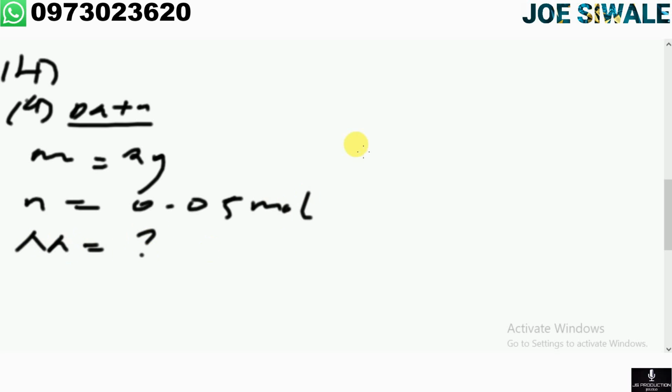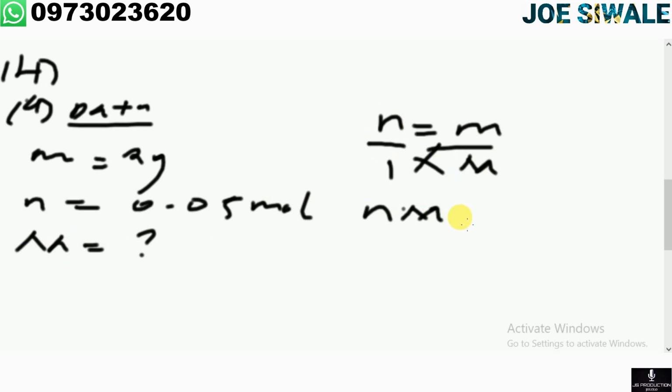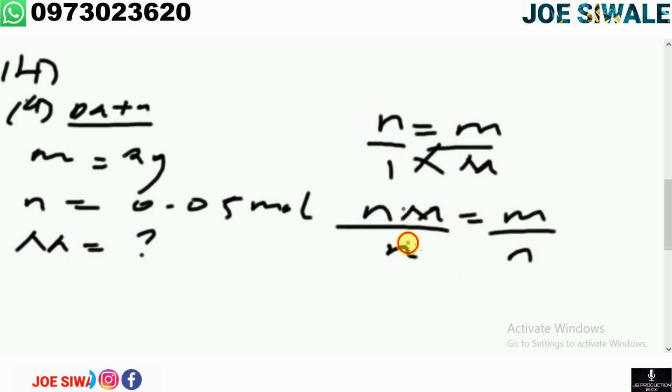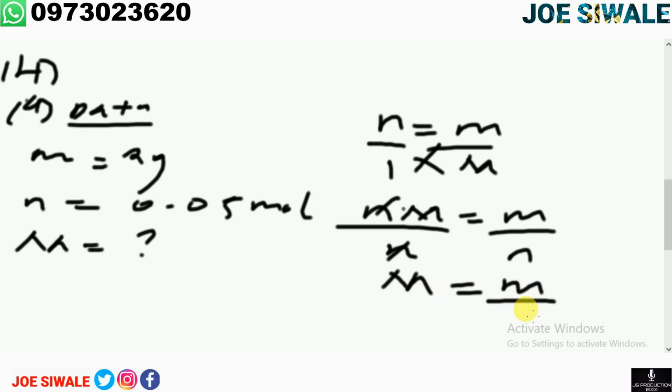So you say number of moles equals to mass divided by molar mass. So over 1 here, you cross multiply, you're going to have number of moles multiplied by the molar mass is equal to mass. To calculate the value of molar mass, divide by n. Here you also divide by n. n and n will cancel. So molar mass is equal to mass divided by number of moles.